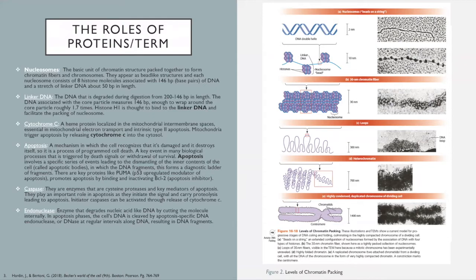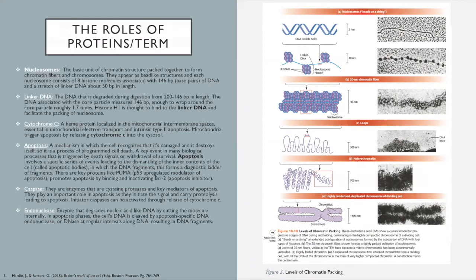One of the proteins that's related to it is PUMA, which promotes apoptosis. Caspases are enzymes that are cysteine proteases and key mediators of apoptosis. They play an important role in apoptosis as they initiate the signal and carry out proteolysis, leading to apoptosis.